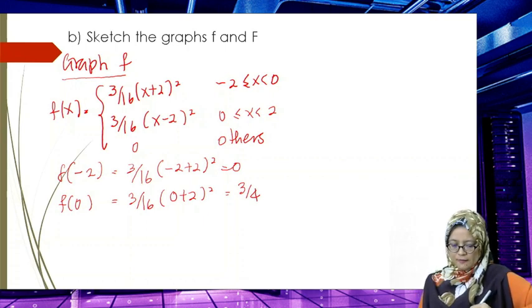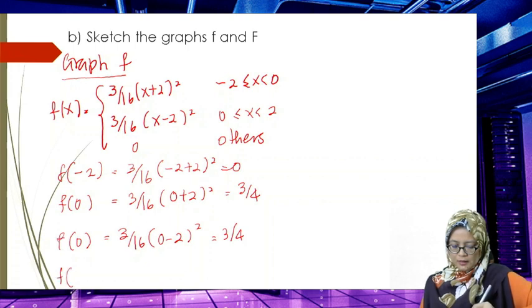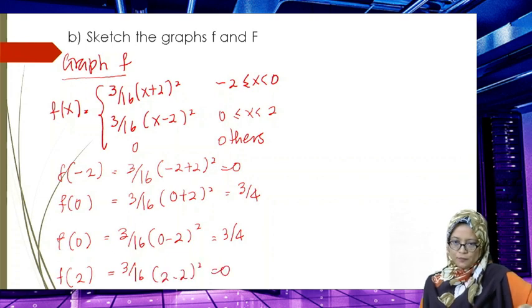For the second interval, if we substitute 0 into our function 3/16 (0 minus 2) square, we also get 3/4. If we substitute x as 2 into our function 3/16 (2 minus 2) square, we get 0.